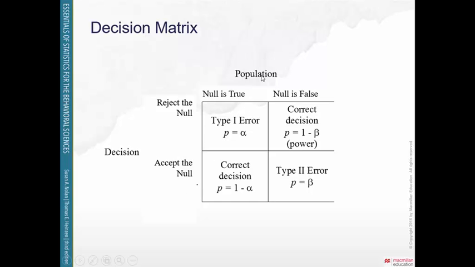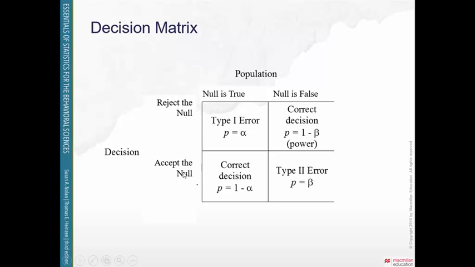But what if in the population, if I tested every single person, every single second grader, I would really find that the null is false, that actually there is a difference, and that program does improve reading. Well, in that case, I've made a type 2 error. We call this kind of error a miss. I've missed it.